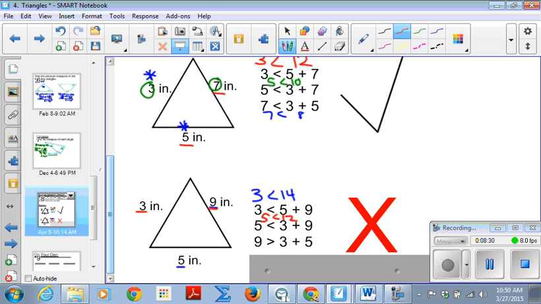Checks out. We've got to check all three. You guys see the answer already. We do 3 and 5, which is 8. 9 is actually greater than 8. Okay, so since one of these measures doesn't work out, these are not legitimate side lengths for a triangle. It's not going to work.